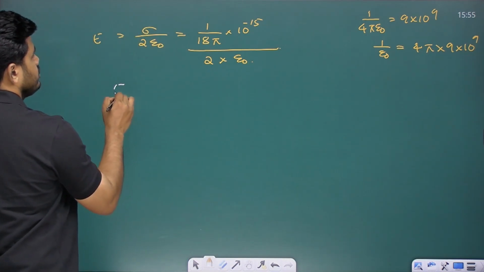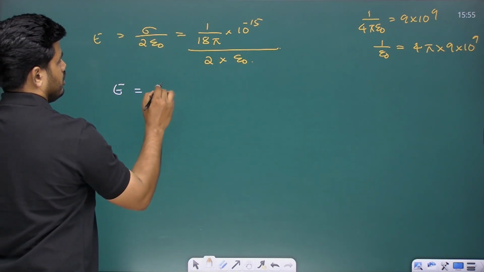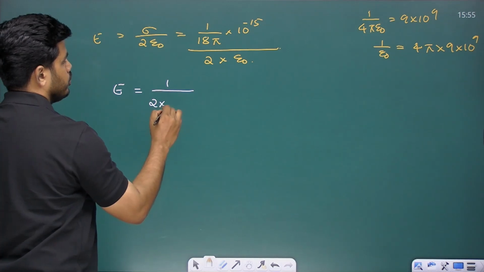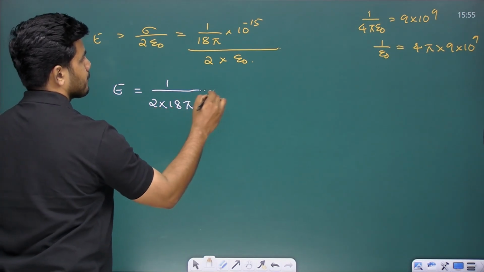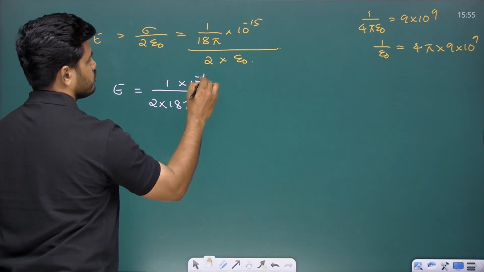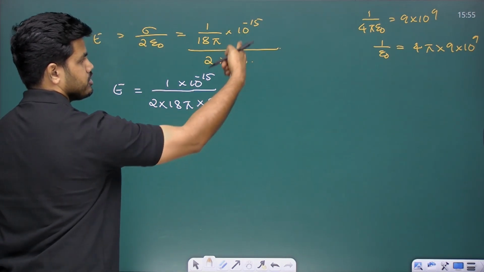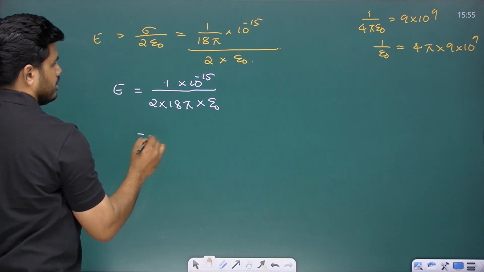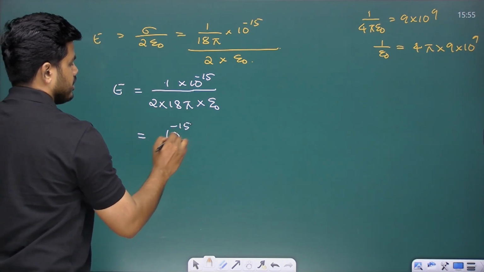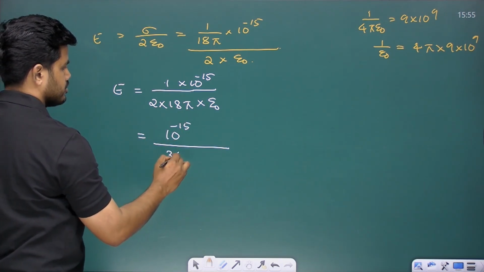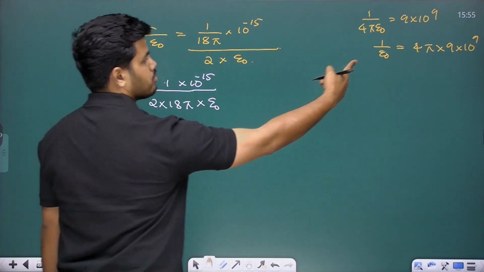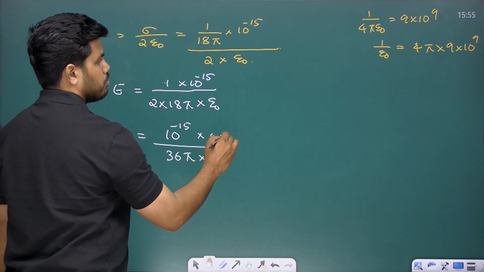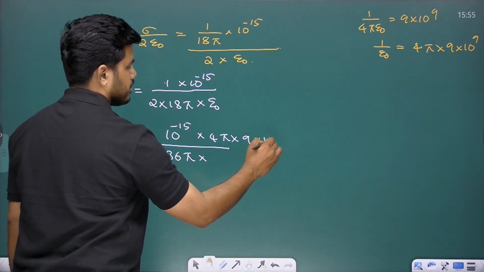Look at this. E is equal to 1 by 2 into 18 pi into 10 raised to minus 15 into epsilon 0. That was this term. Now 1 by epsilon 0 can be this. So we can write 10 raised to minus 15 divided by 36 pi into, what is 1 by 4 pi epsilon 0? 4 pi into 9 into 10 raised to 9.